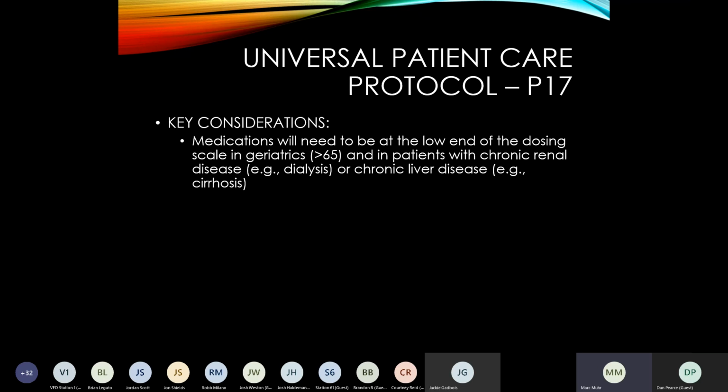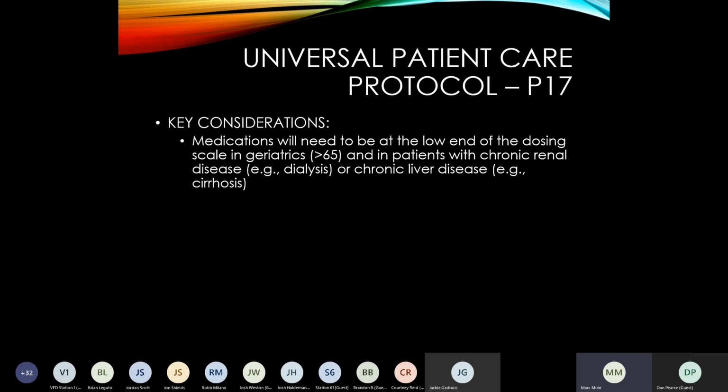Okay, last thing that I wanted to mention, under the Universal Patient Care Protocol, and this is page 17, and this was a new addition in our 2019 major protocol changes.